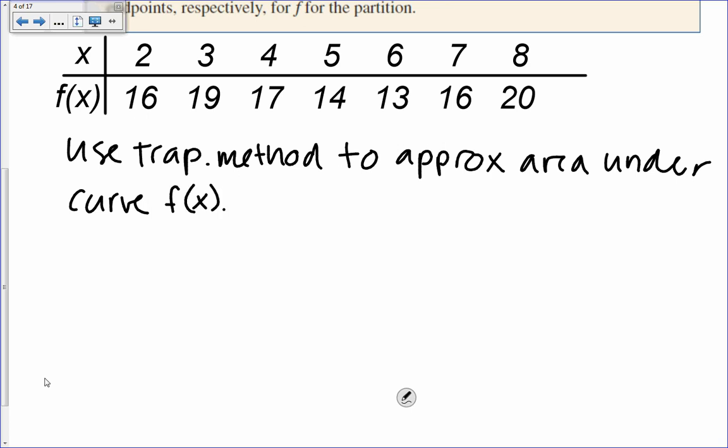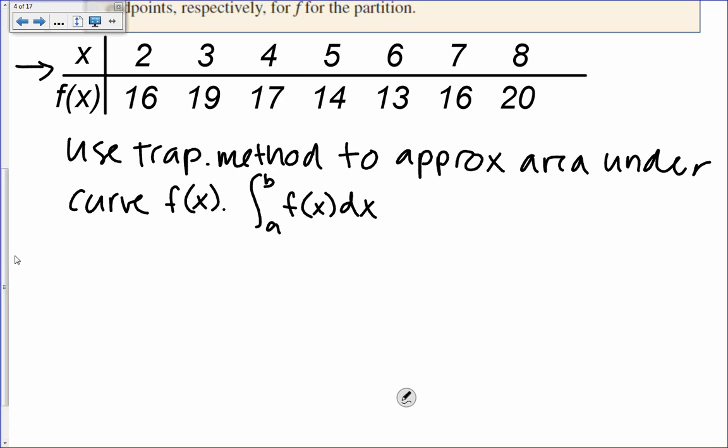So what we're actually looking for is the integral, we're going to say from a to b, of f of x dx, and we're going to approximate it. So we can look up our x's are 2, 3, 4, 5, 6, 7, 8. So we can see that our delta x is just 1 between each trapezoid. So we can use that formula that we just went over with a constant delta x.